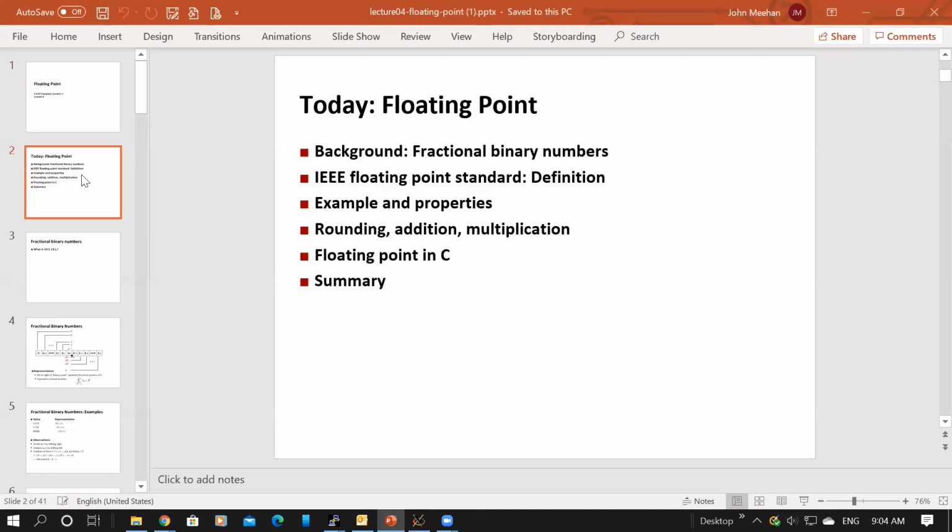So we're going to look at these topics of what are fractional binary numbers, what do they look like, and then what is this floating point representation standard that we use, which is a standard from the IEEE. The IEEE is the Institute for Electrical and Electronic Engineering and is one of the two main computer societies that publishes journals in the computer science field.